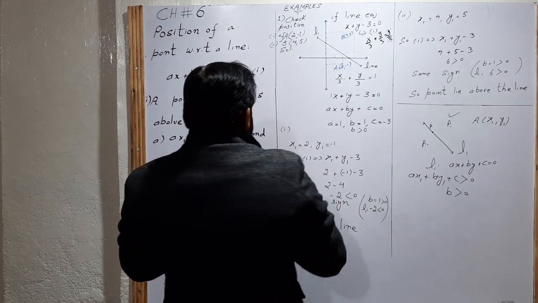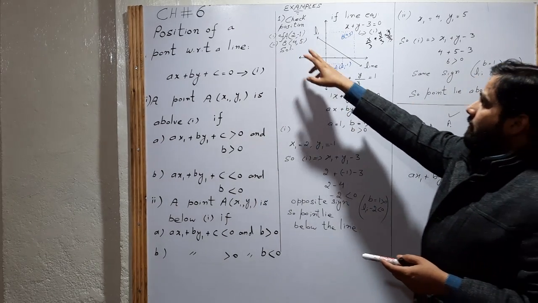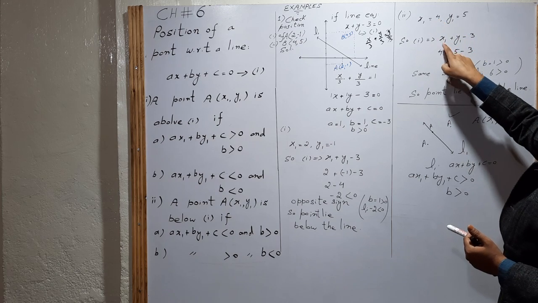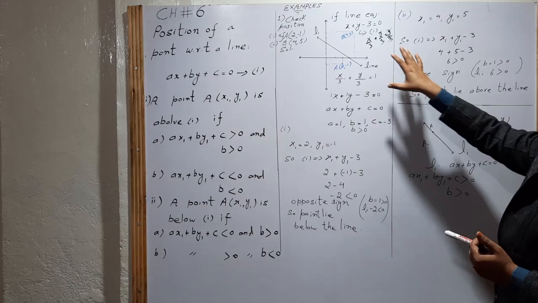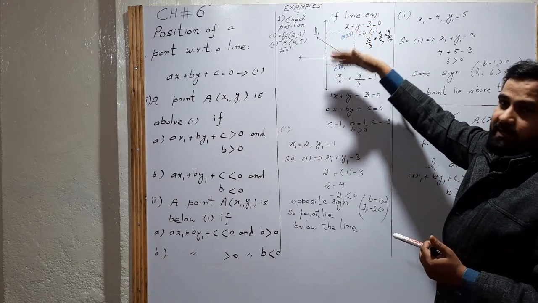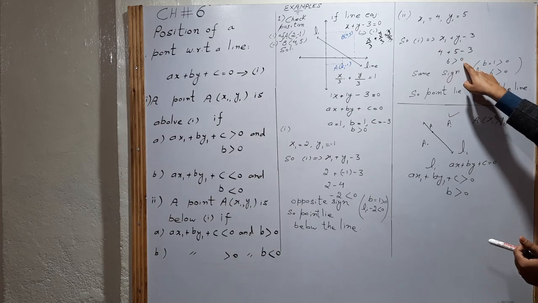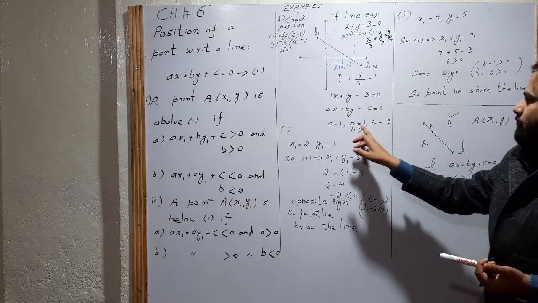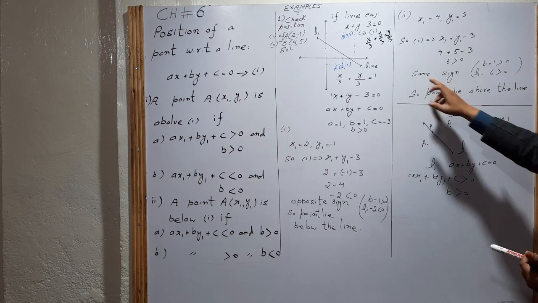Another point is there: 4 comma 5. Check whether it lies above or below. So replace x1 by 4 and y1 by 5 in the same line. So x1 is 4, and after simplification 6 is greater than 0, and B, whose value is 1, is also greater than 0. It means both have the same sign.